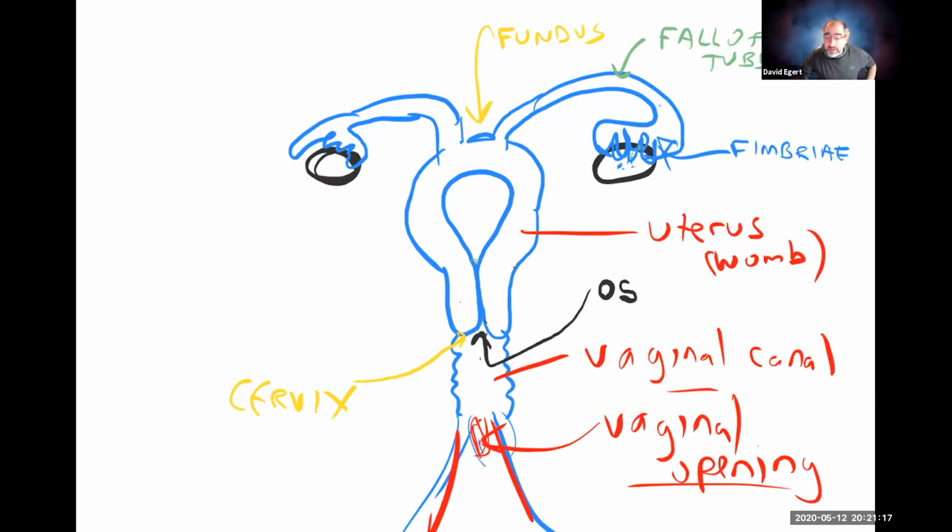The egg, on the other hand, is not necessarily directly dumped into the fallopian tube. It gets kind of popped out, and then it has to get caught by these little fingers, these little fimbriae, and swept up into the fallopian tube.